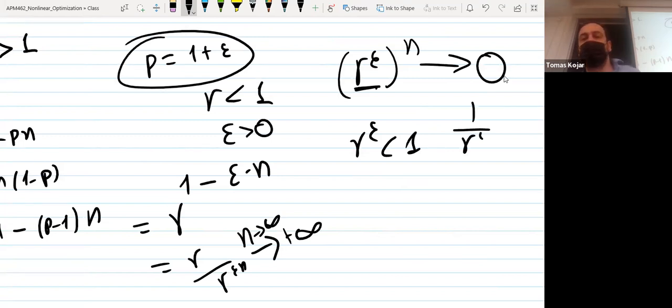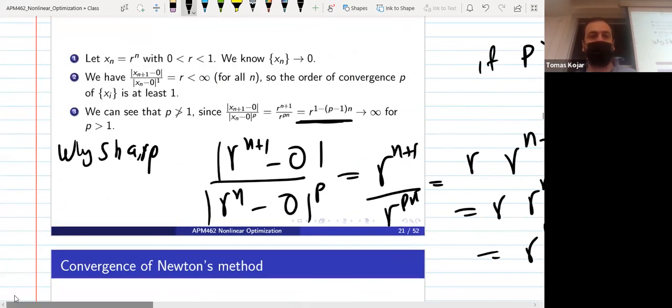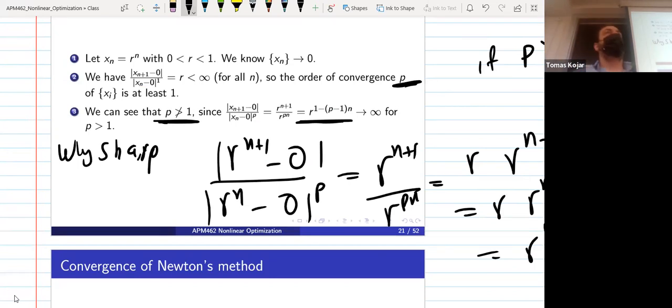So 1 over that goes to 1 over 0, infinity. Okay, good. So that's why it's sharp. So p needs to be 1. If they ask you for sharpness, that's what they want you to show. All right, good.